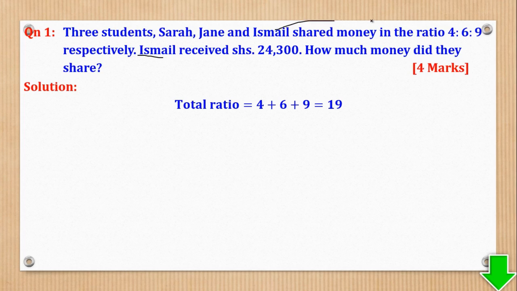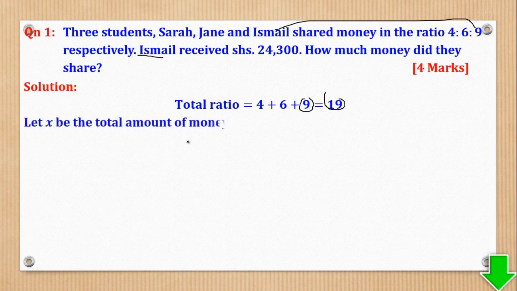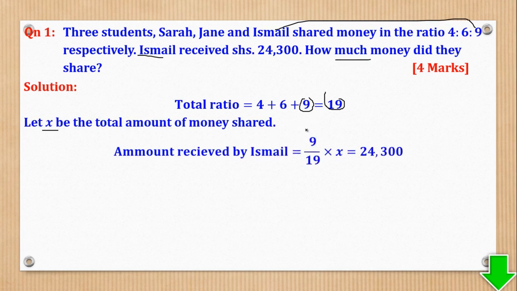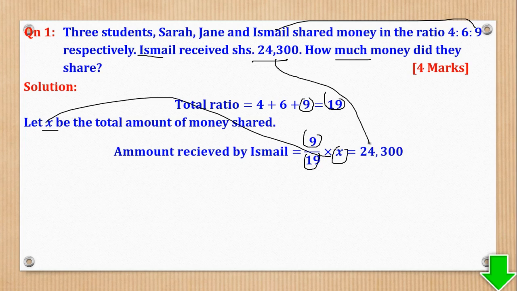Ismail corresponds to 9, so the fraction will be 9 over the total ratio, which is 19, multiplied by the total amount. So let the amount be x because that's what they want. Therefore, the fraction, which is 9 over 19 of the total, which is x, must give you the amount which Ismail received.